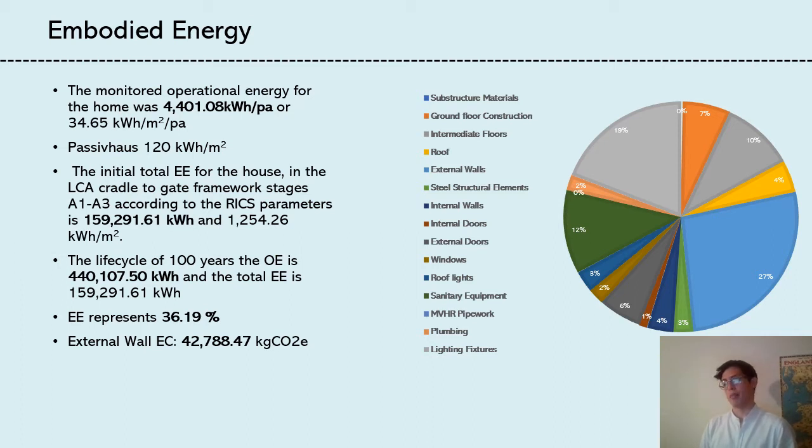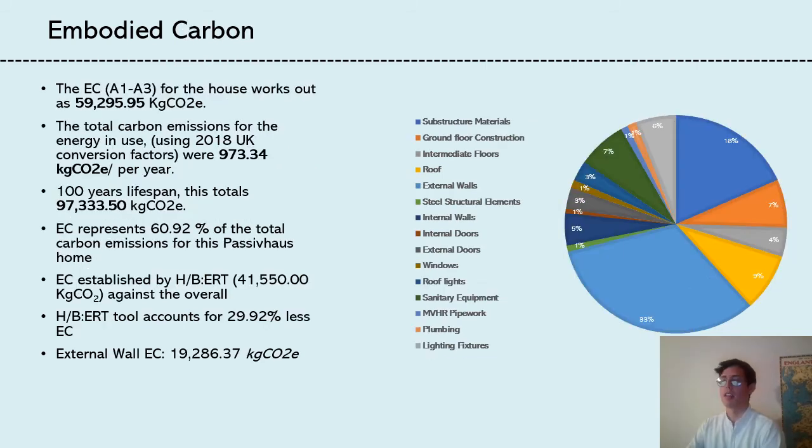We also found that the major impact was made by the external walls, at 27%. And when we started looking at the operational and embodied carbon, we got even more interesting findings. The embodied carbon was 59,000 kilograms of carbon emissions, and we used the same 100-year lifespan to get the operational carbon, which was 97,000 kilograms.